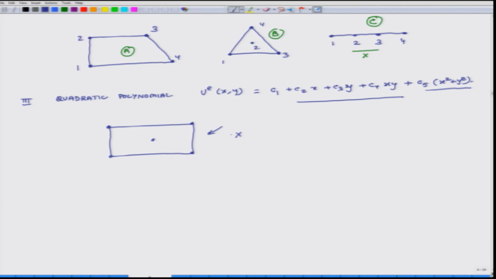So, this is not a valid option. This is an incomplete quadratic polynomial. So, this is not a valid option.